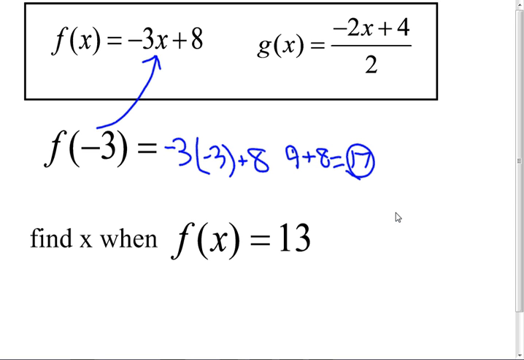Okay. Now, we got the first answer is 17. And Luke, you need to be doing your math. Okay, so f of x is 13. So 13 equals.